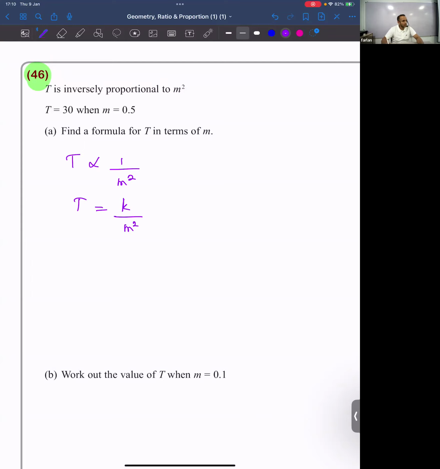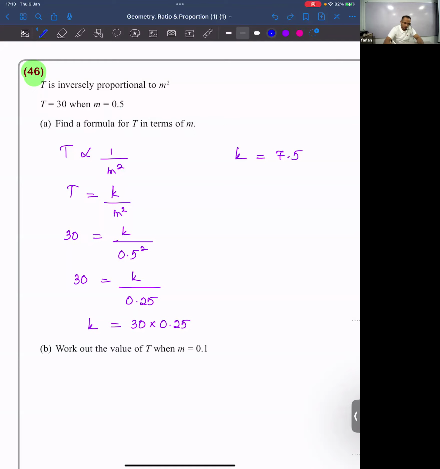Cross multiply, K equals 30 into 0.25, which is 7.5. So now we can rewrite the equation. The question is to find a formula for T in terms of m. T equals K over m square, that is 7.5 over m square. That is the T in terms of m.